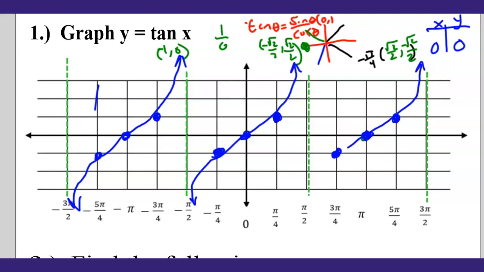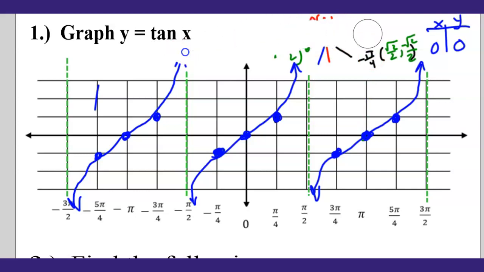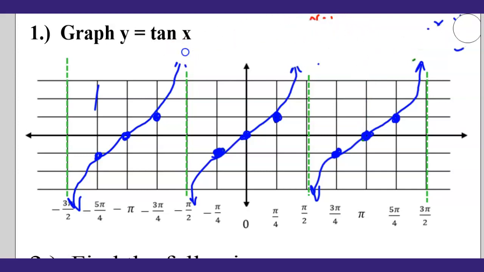Excuse me. Oh, too far. Let's fix that side. Right there. Never crosses those asymptotes. So this is tangent, guys. This is tangent, and this is why it exists. Alright, in a nutshell, a very simple explanation as to why tangent theta exists.